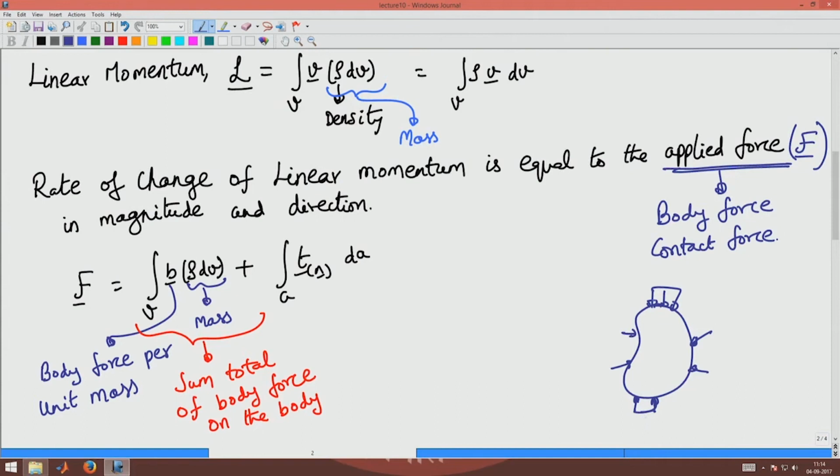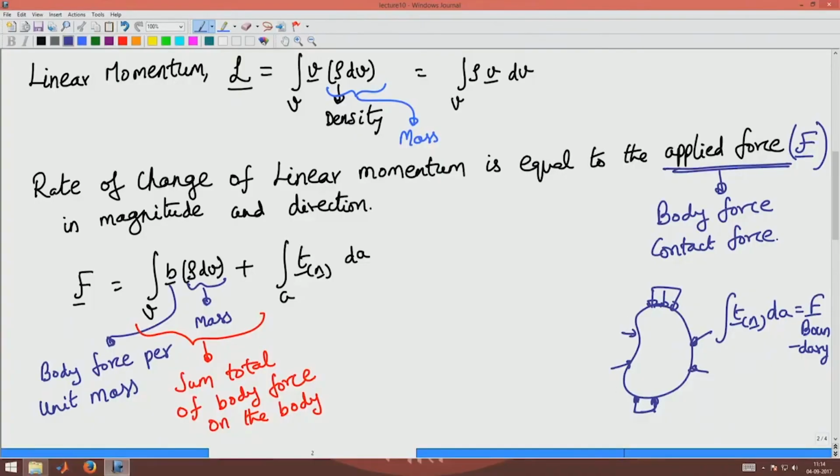T sub n denotes the traction. If I integrate it over the area, I will get the net force that is acting on the boundary, because we defined traction as distributed force acting per unit area. Hence this is the net force acting on the boundary of the body, that comes through contact means.